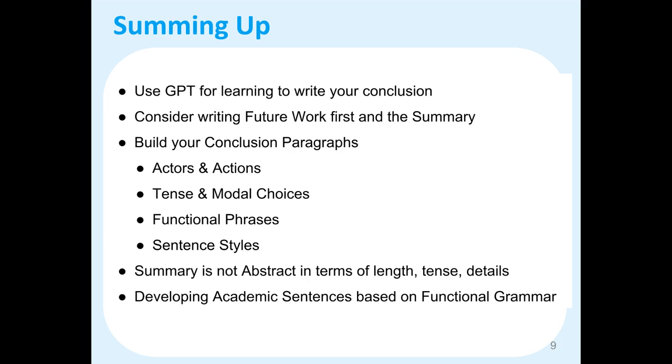Second, structurally, we recommend you consider writing future work first and the summary last for maximum declarative impact. Third, when you build your conclusion paragraphs, remember the 5 key areas of focus we covered: actors and actions, tense and modal choices, functional phrases, and sentence styles. This holistic approach ensures quality.